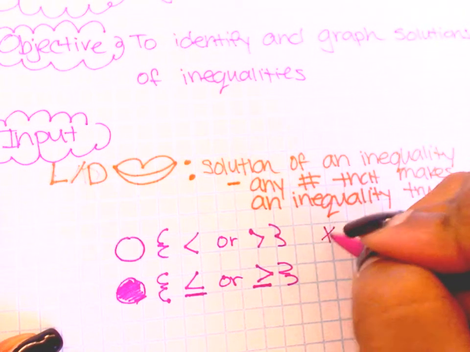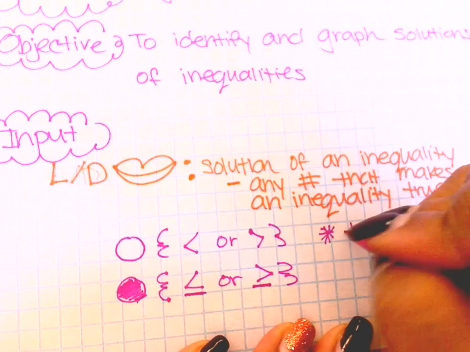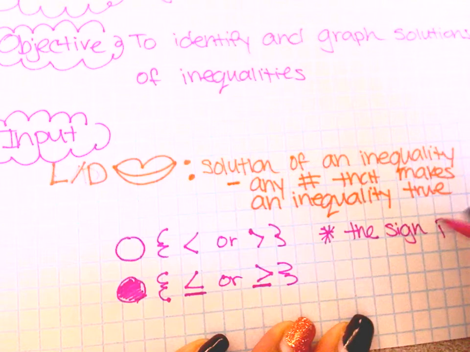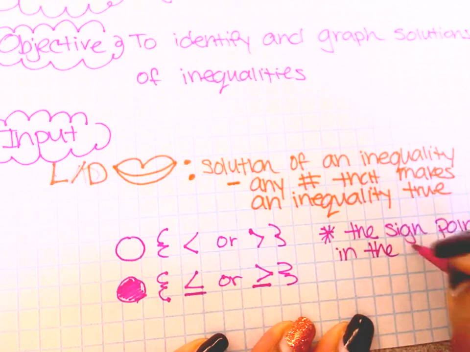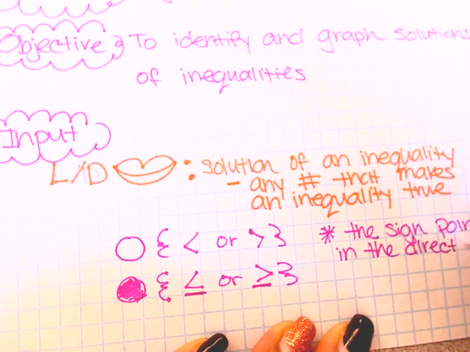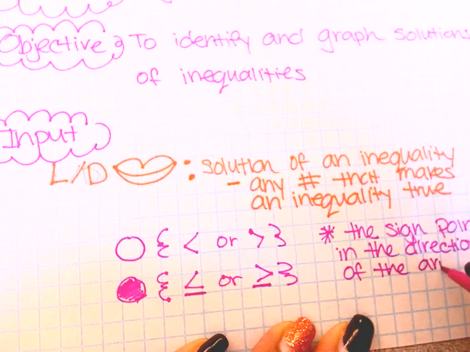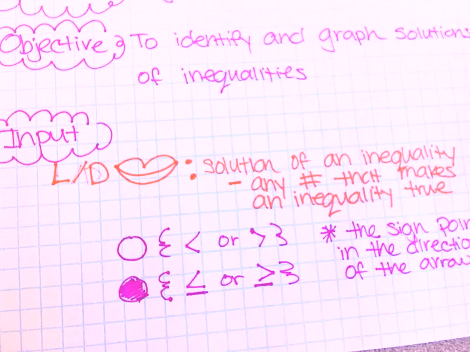And I want you to write yourself a little note here on the side. The sign points in the direction of the arrow. So you'll see that when we get to the graph, whatever the arrow points to, if it's a greater than sign, you're going to shade in the direction of the arrow.